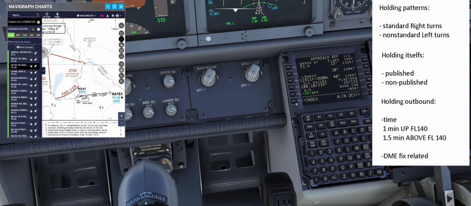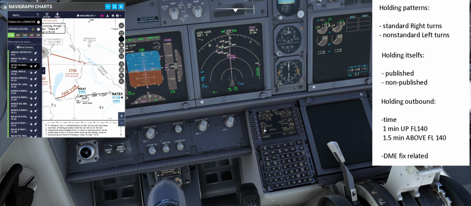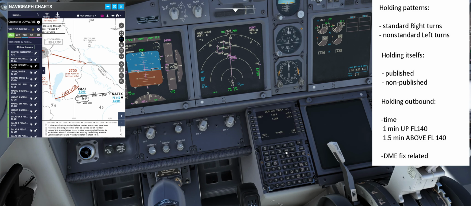If we go to the index page and performance page, you put in the reserves, and these reserves are final reserve plus your alternate. That means that if we are going to have fuel of 2 tons, we have to leave our holding and go to our destination alternate aerodrome.